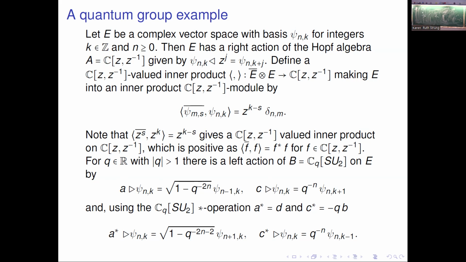Now, however, the cunning thing is what happens at the bottom, because I haven't told you what the algebra acting here is. It's got A, B, C, and D, and it's a representation of quantum SU2.